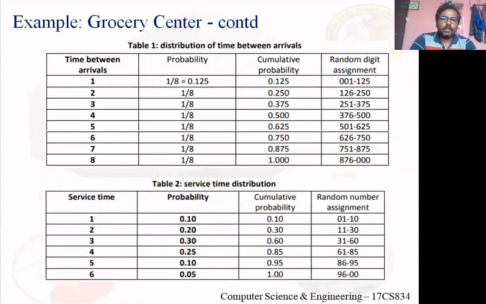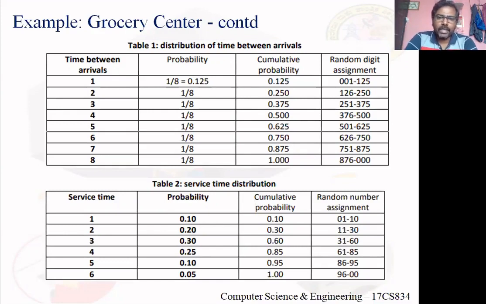First and foremost, look at the first table. What are the possible inter-arrival times, that is, the time between arrivals? 1 to 8. What is the probability of occurrence of each of these 8 values? That's nothing but 1 by 8, because they have the same probability, so 0.125.